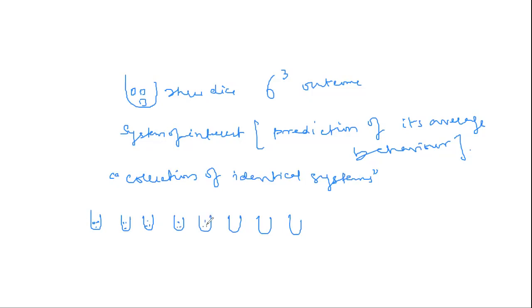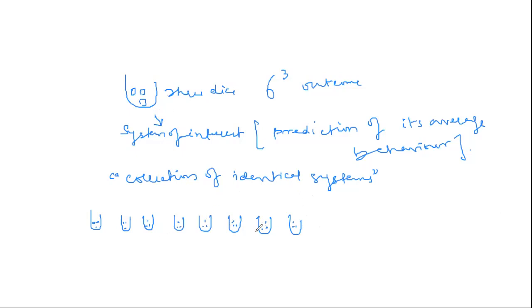So then, to find the average properties or average behavior of this system of interest, you average over all the systems in this collection.